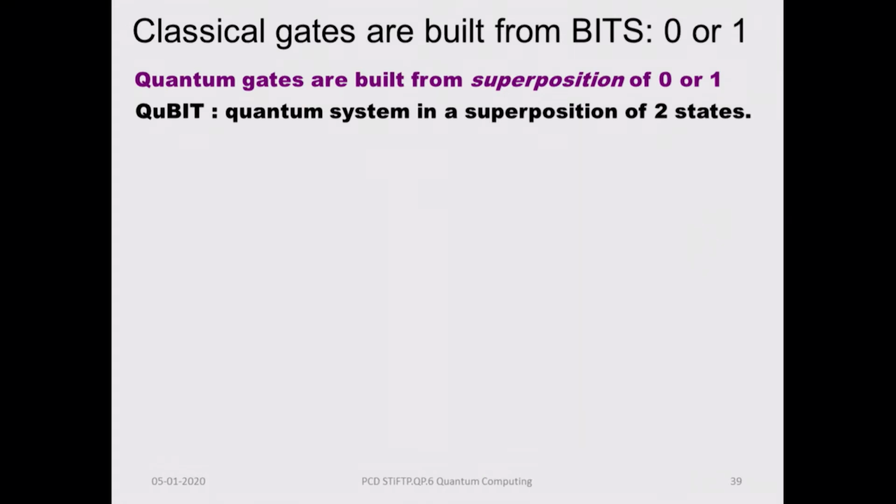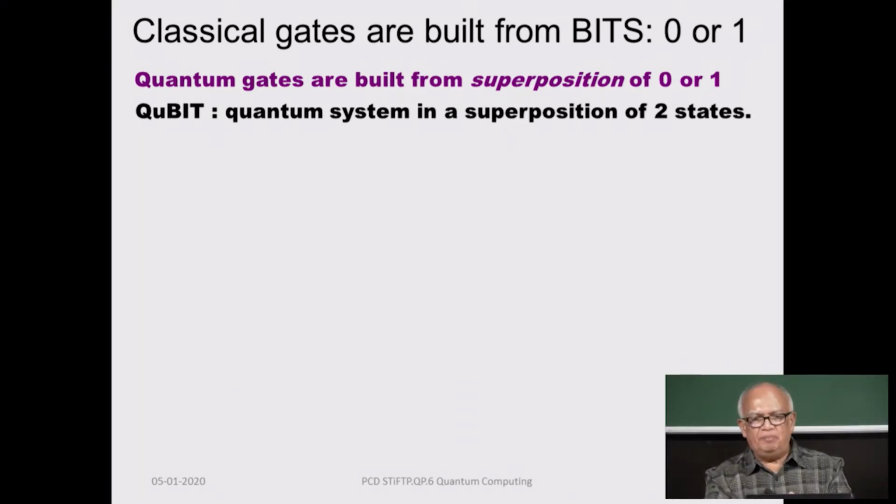So where are these advantages coming from? They are coming from the fact that whereas the classical logic gates are built from these binary digits 0 and 1, quantum gates are built from a superposition of 0 and 1.